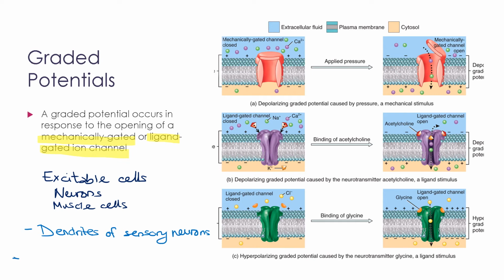So this one up here is going to be both mechanically gated and ligand gated. And we're going to see the ligand-gated channels being much more numerous in just the dendrites and cell bodies of interneurons and motor neurons.